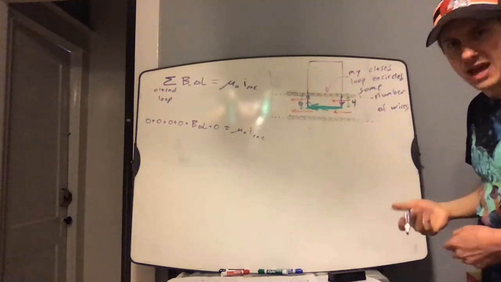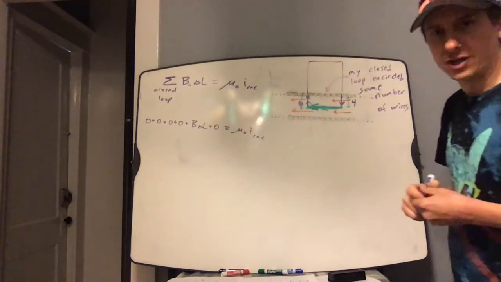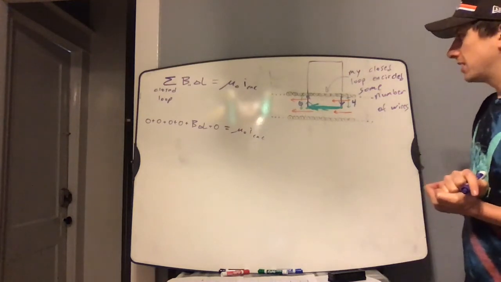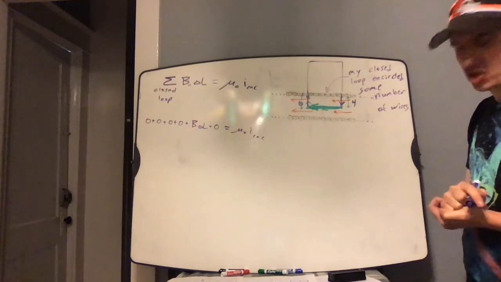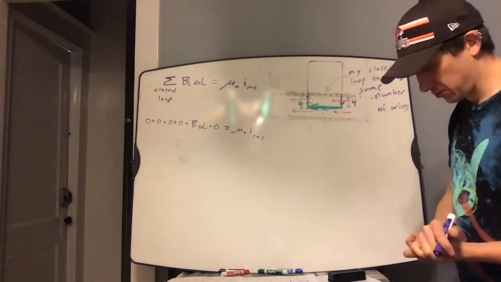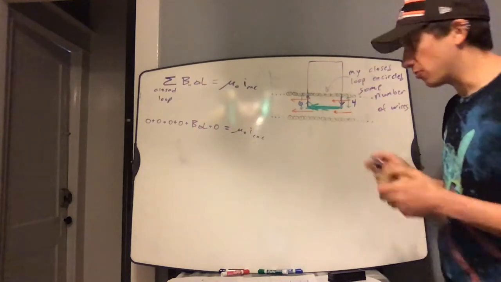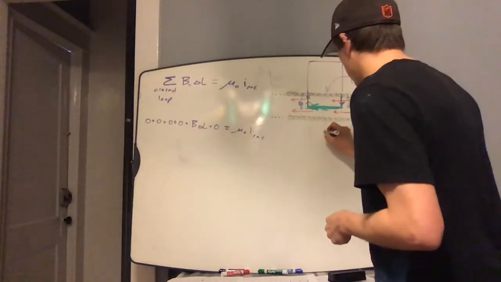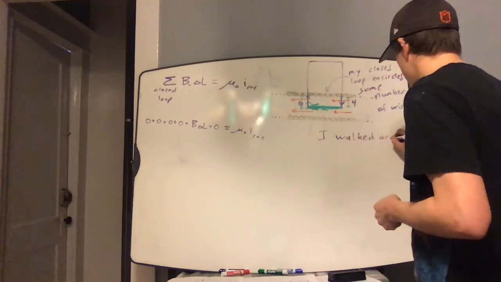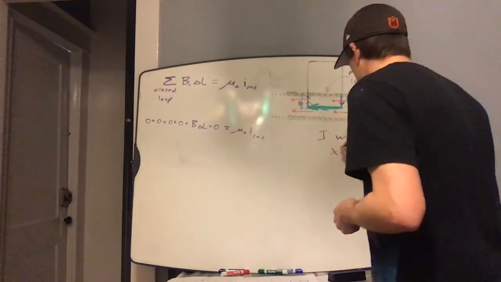And in principle, I could go ahead and count how many wires I think I encircled. So let's suppose I encircle X number of wires. So I walked around X wires.